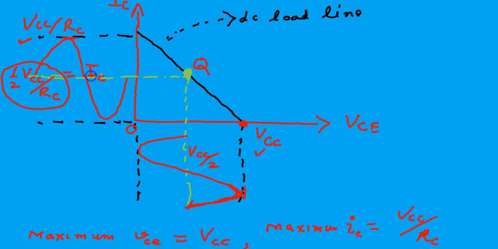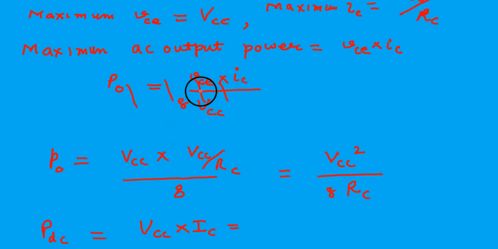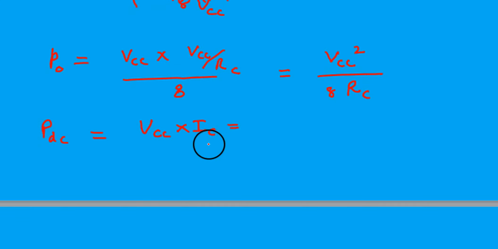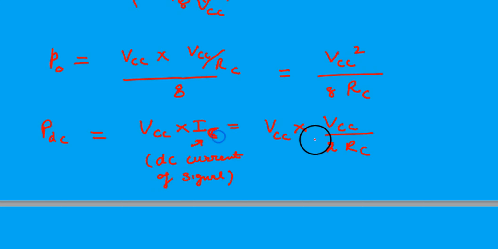This is capital I and small c. Substituting the average value of the current, VCC by 2RC, that becomes VCC square upon 2RC.